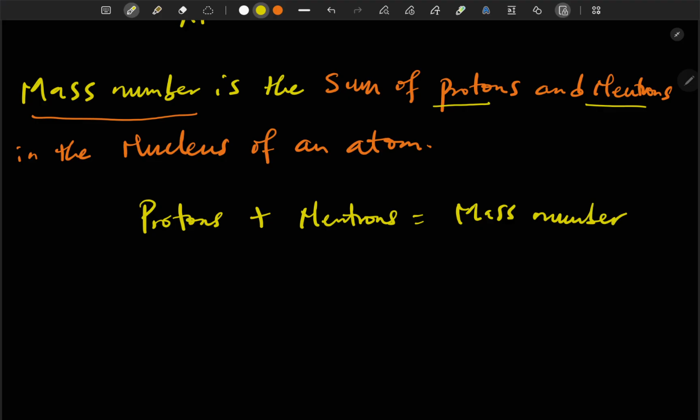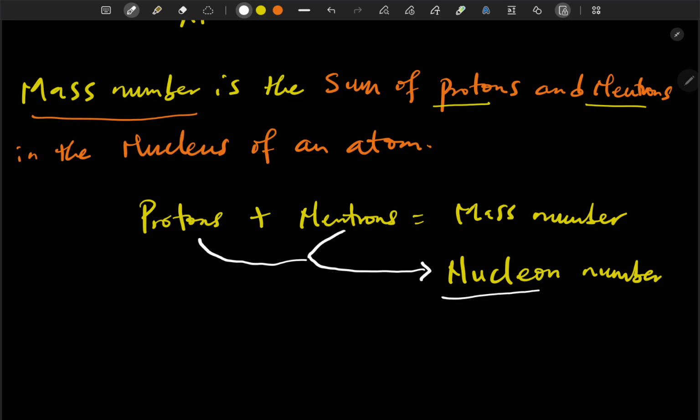Now, this mass number sometimes is also called nucleon number, because protons and neutrons are both present in the nucleus, both of them together are called nucleon. So sometimes mass number is also called nucleon number, and it is represented by capital A.